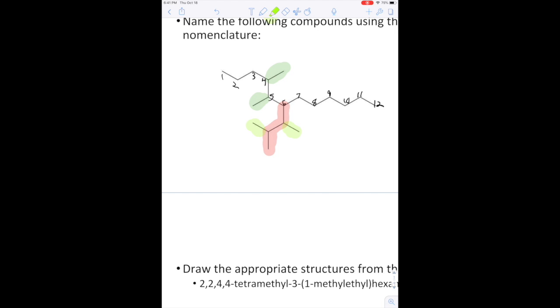That's what I see. This is my longest carbon chain. Just color coding it for you guys a bit better than what I did before. If I would write this out, I would write out 4-methyl, and this is 5-methyl.